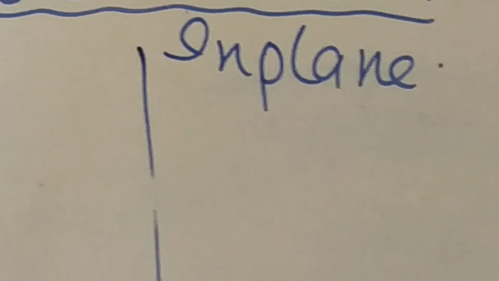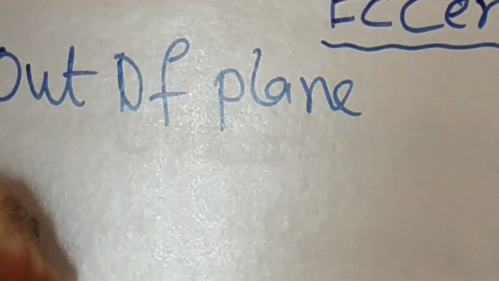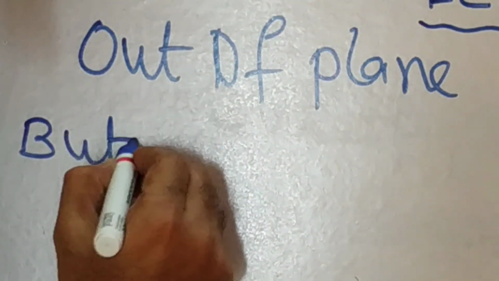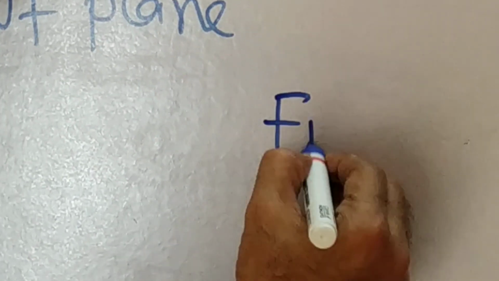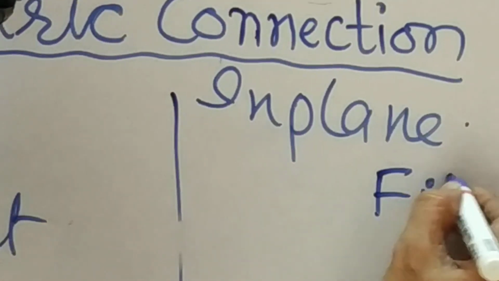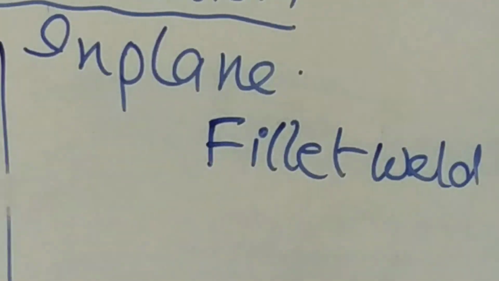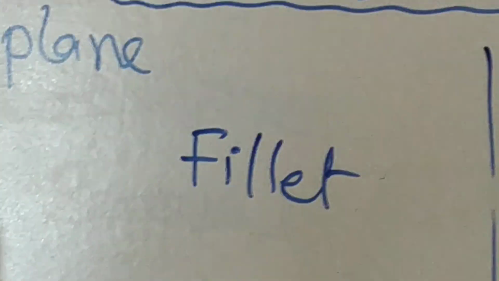So as I already mentioned to you, in the out of plane bracket the welding could be a butt weld or a fillet weld. Whereas in the in plane bracket, only fillet weld is possible. Both options are there for out of plane, but in case of in plane, only fillet weld is possible.